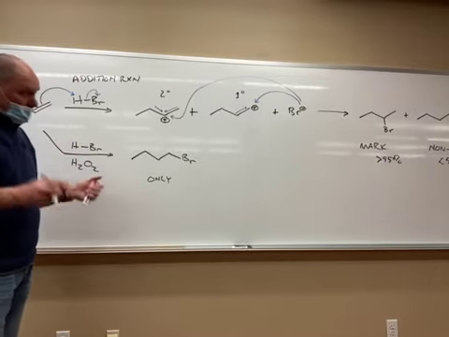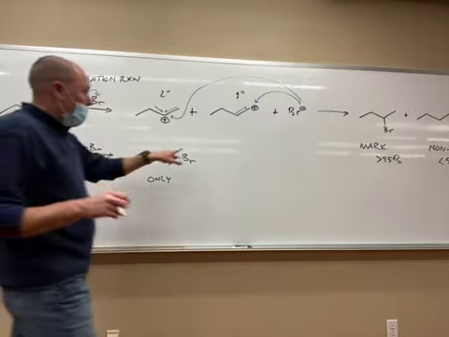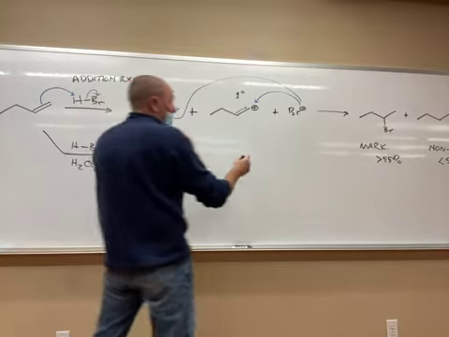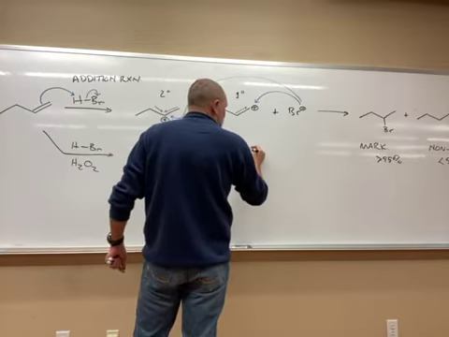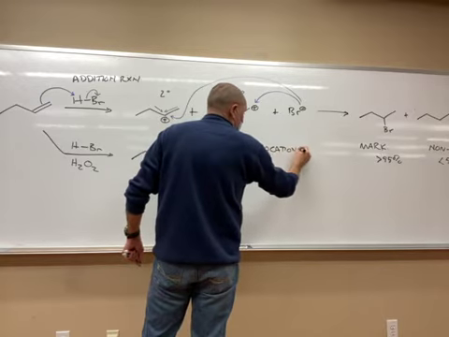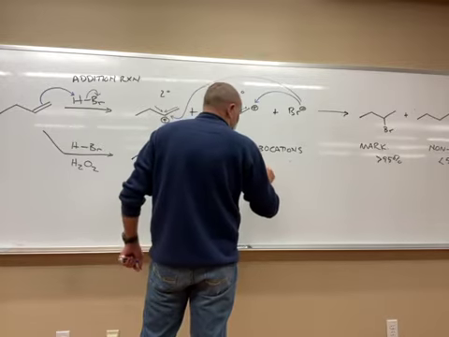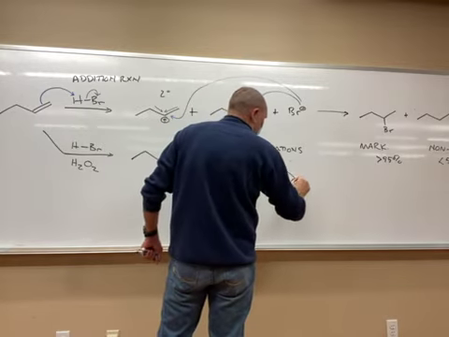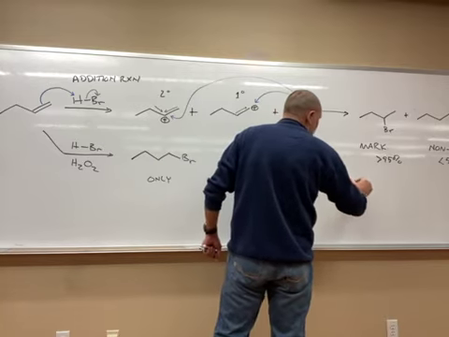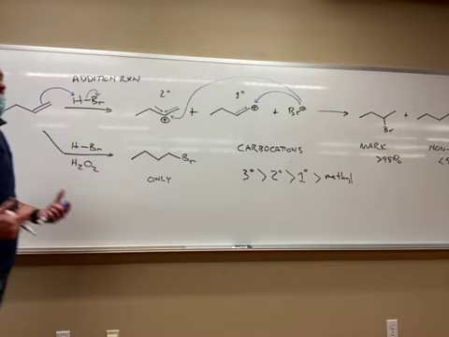Okay, so, about done? Okay. So think of this. We know that in carbocations, tertiary are better than secondary, which are better than primary, which are better than methyl. Right? They're more stable. Why are they better? Well, they're lower in energy.